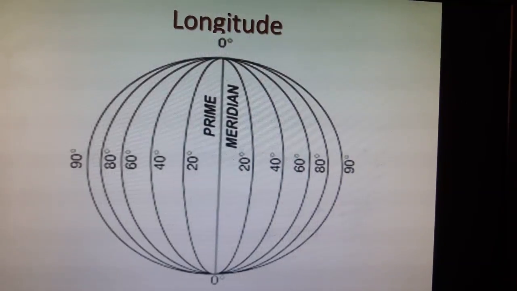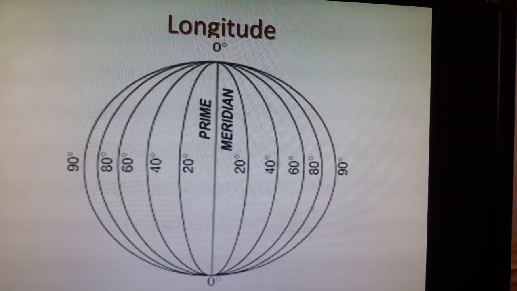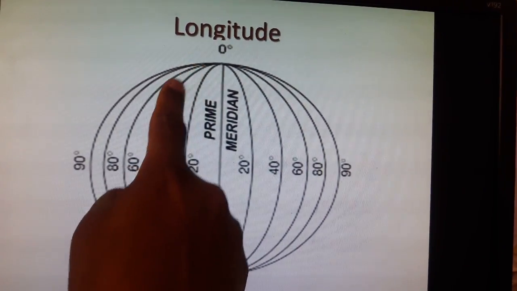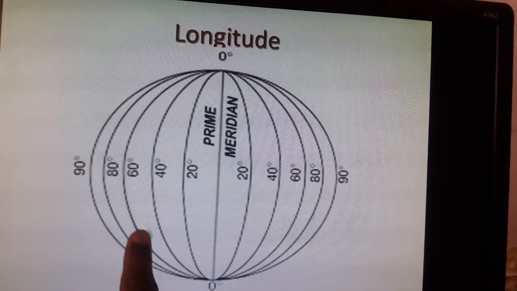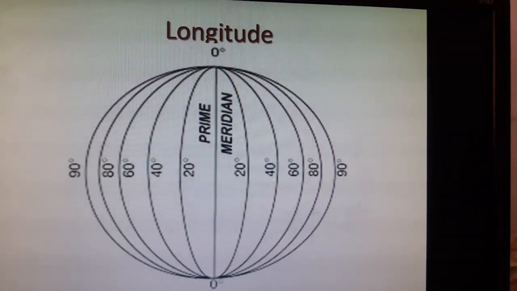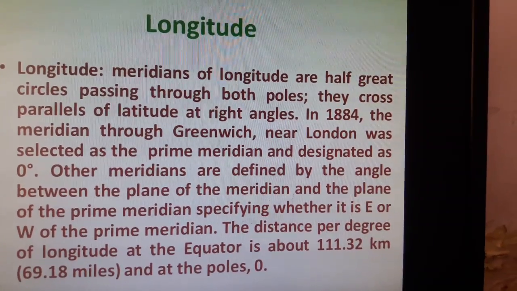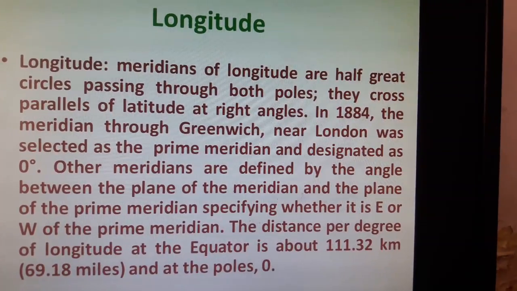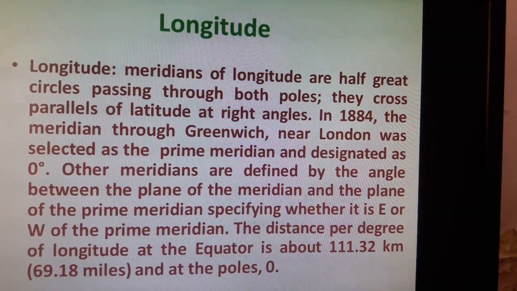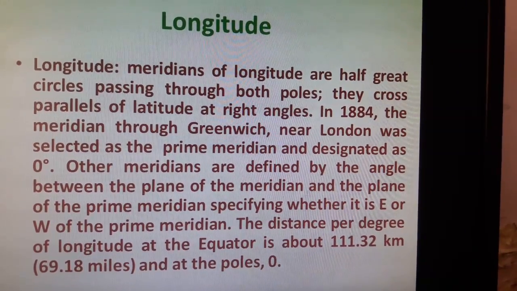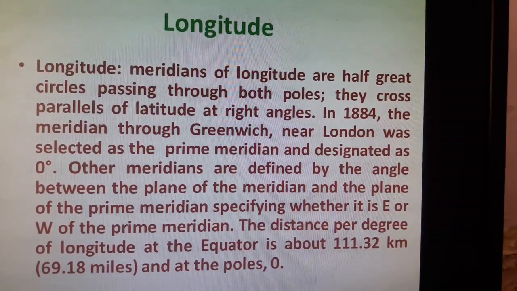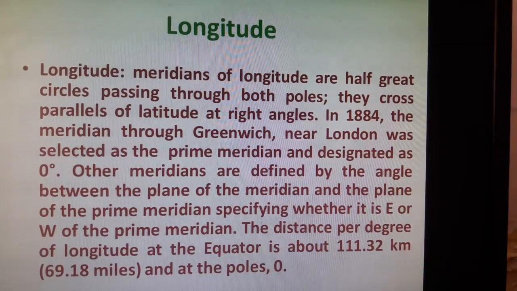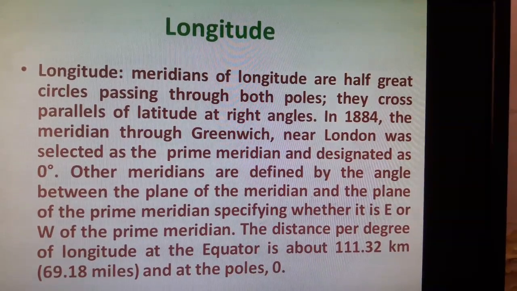Now longitude. These lines are called longitude. Meridians of longitude are half great circles passing through both poles. They cross parallels of latitude at right angles.